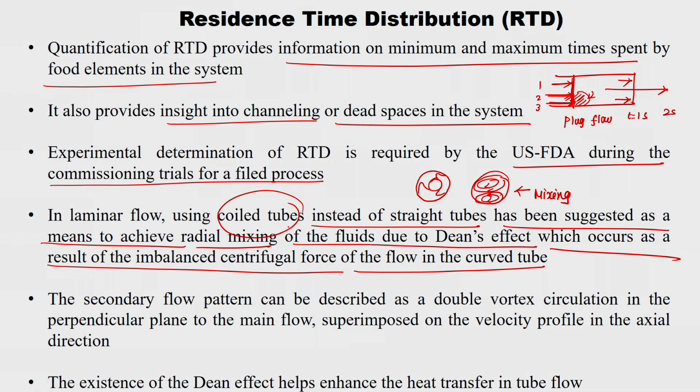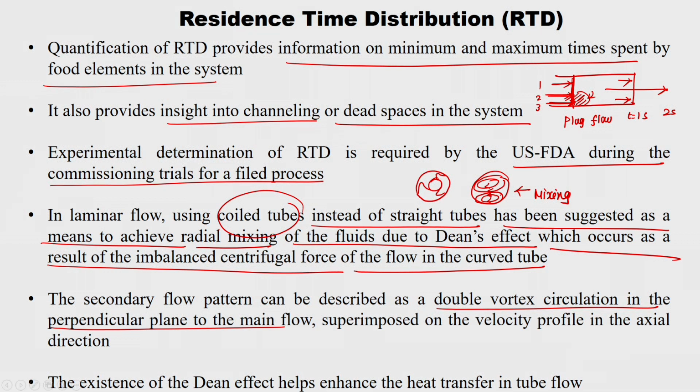In laminar flow, using coiled tubes instead of straight tubes has been suggested as a means to achieve radial mixing of the fluids due to Dean's effect. This occurs as a result of imbalanced centrifugal force of the flow in the curved tube. So, it is mainly due to centripetal force, right. And the secondary flow pattern can be described as a double vortex circulation in the plane perpendicular to the main flow.